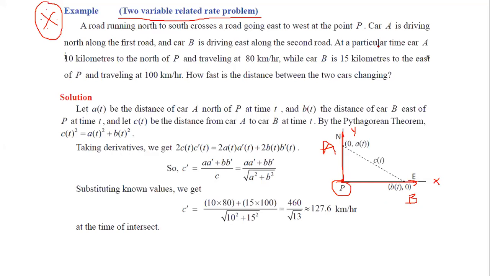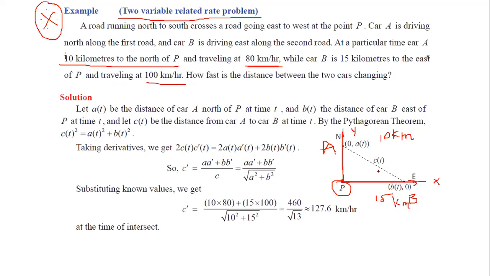At a particular time, car A is 10 kilometers to the north of P and traveling at 80 kilometers per hour, while car B is 15 kilometers to the east of P and traveling at 100 kilometers per hour.